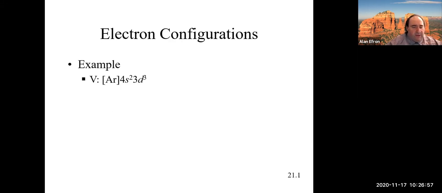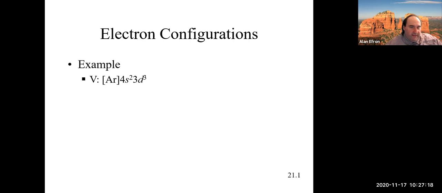So let's talk a little bit about electron configuration. When you write electron configuration, just a reminder that there is a certain order, and hopefully you remember that order. If not, let's just talk about it really quick just to make sure.